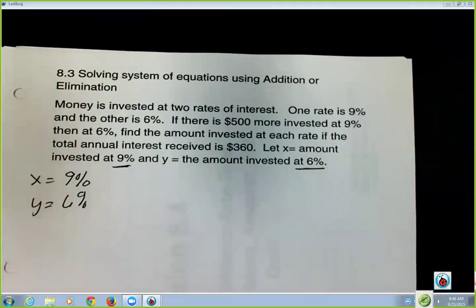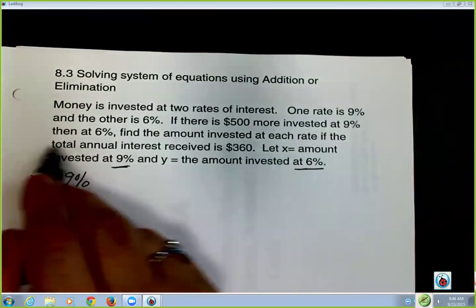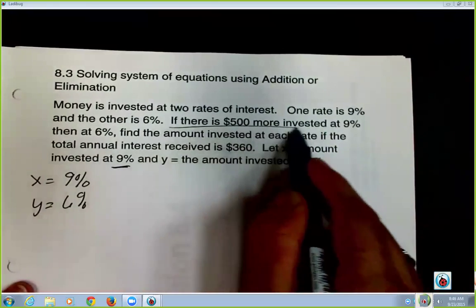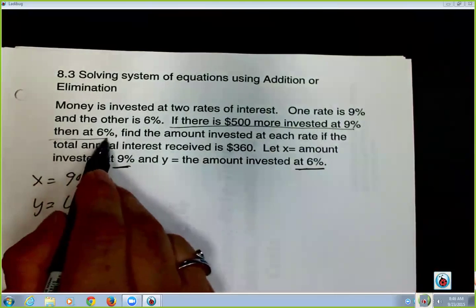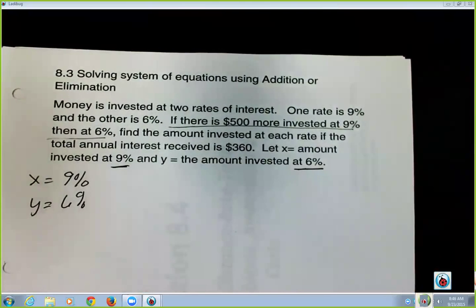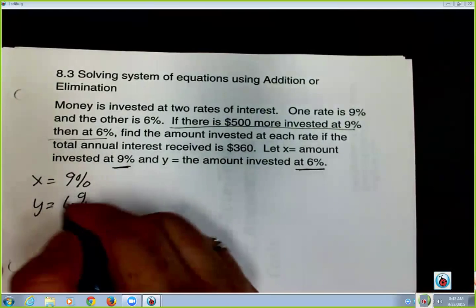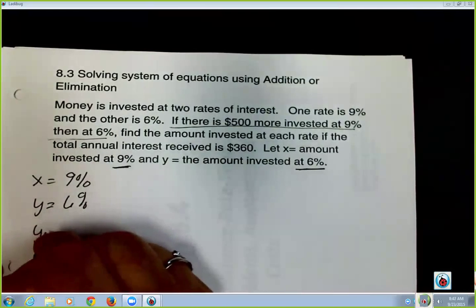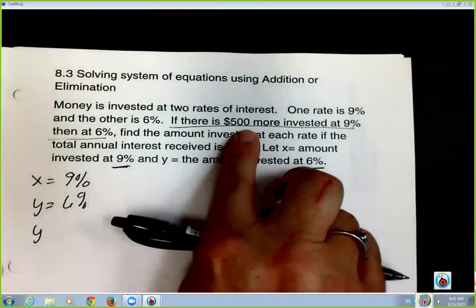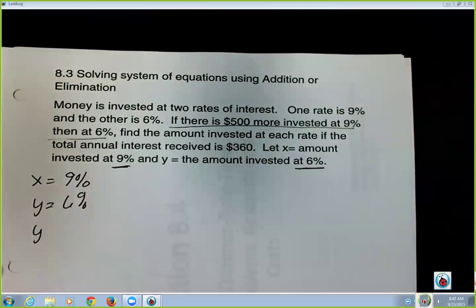So what does it tell us? It tells us up above that there is 500 more invested at 9% than at 6%. So what does that mean to you guys? So it means that, is it Y plus 500, or is it X plus 500?